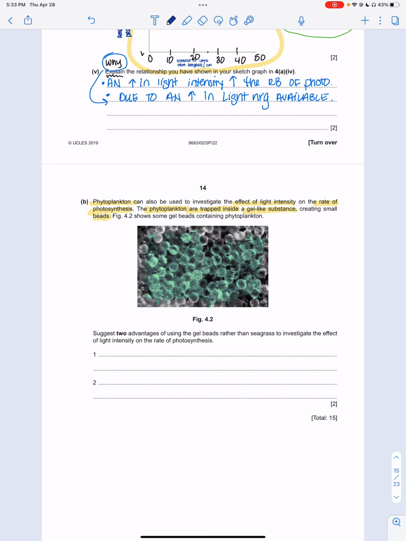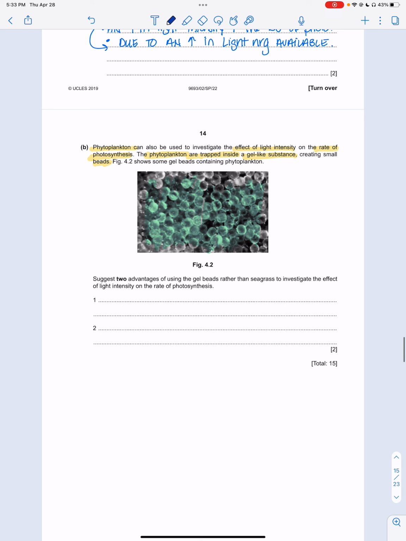Suggest 2 advantages of using the gel beads rather than seagrass to investigate the effect of light intensity. It suggests 2. Having them in gel beads, one, they're trapped, versus using the seagrass.